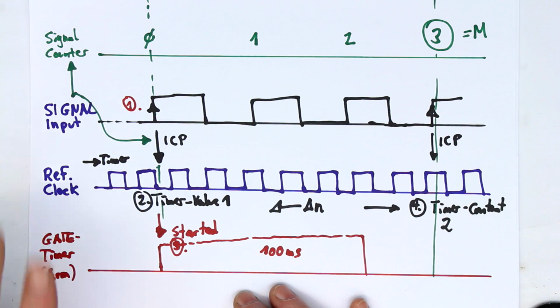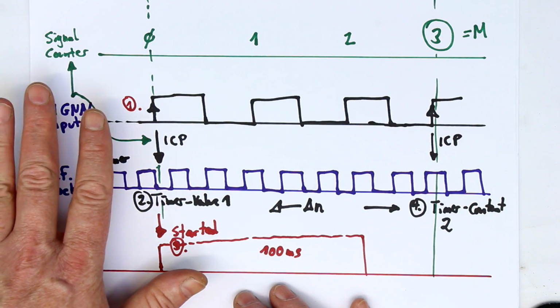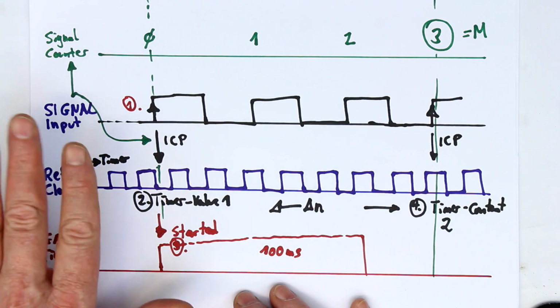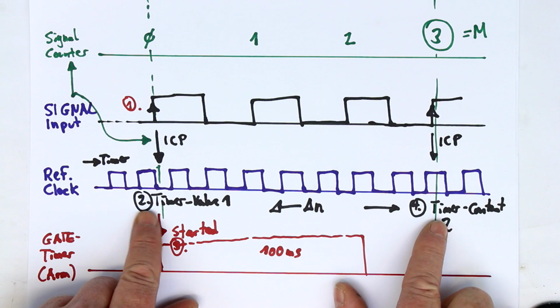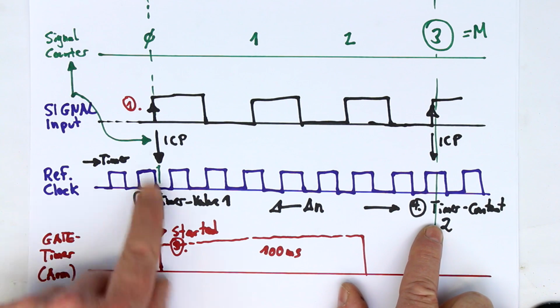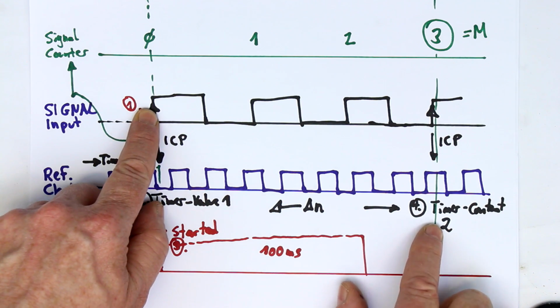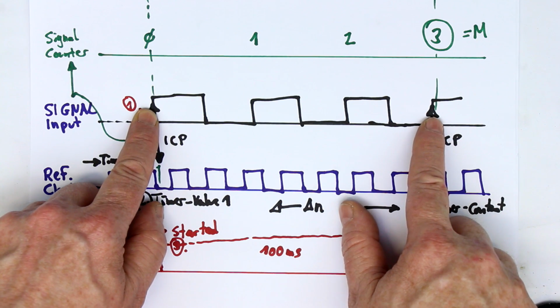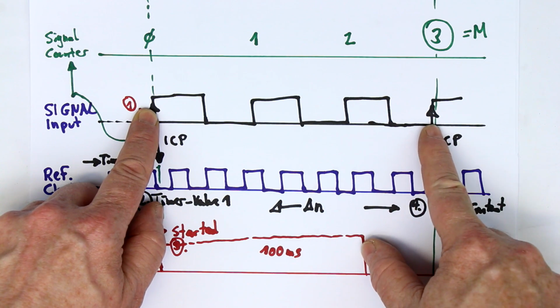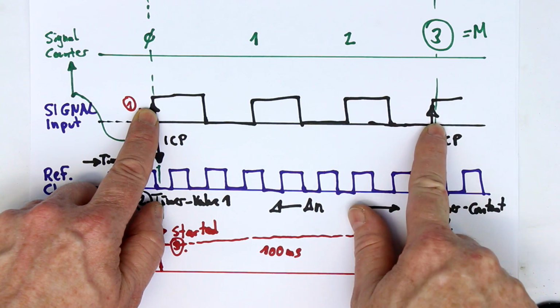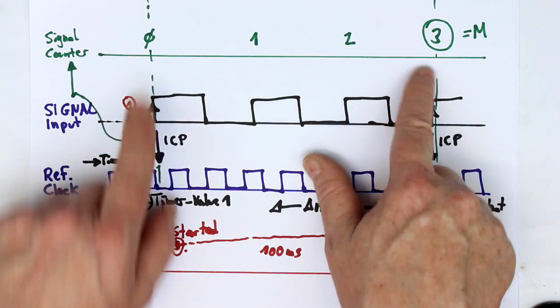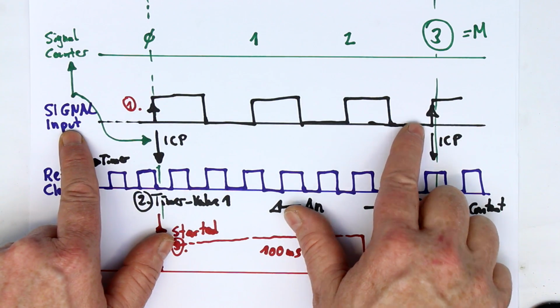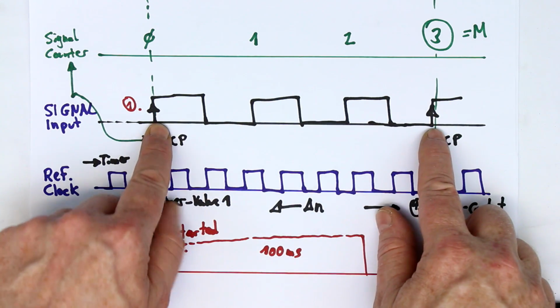If you just use this recipe, you will at the end have two values, the delta n, the difference of the timer content at the first rising edge and the next rising edge after your gate time has expired, and the number of clock pulses of your signal during that total measurement time.